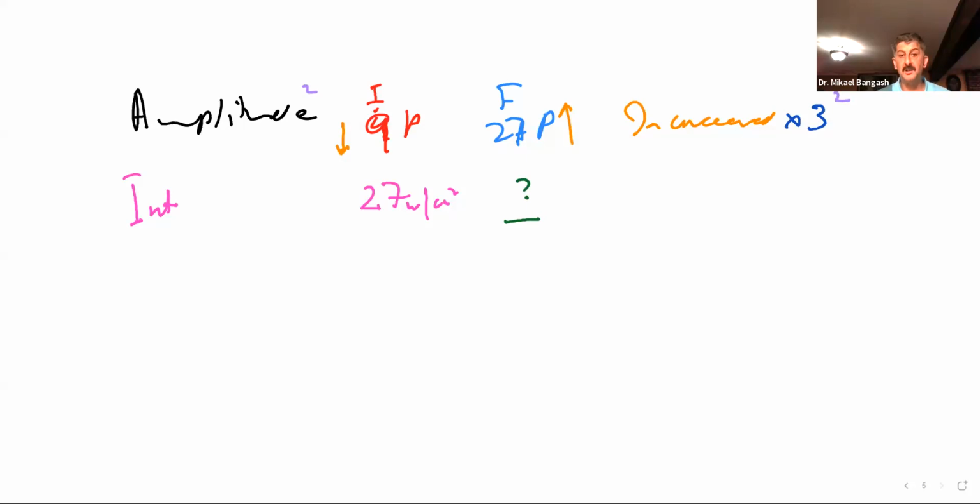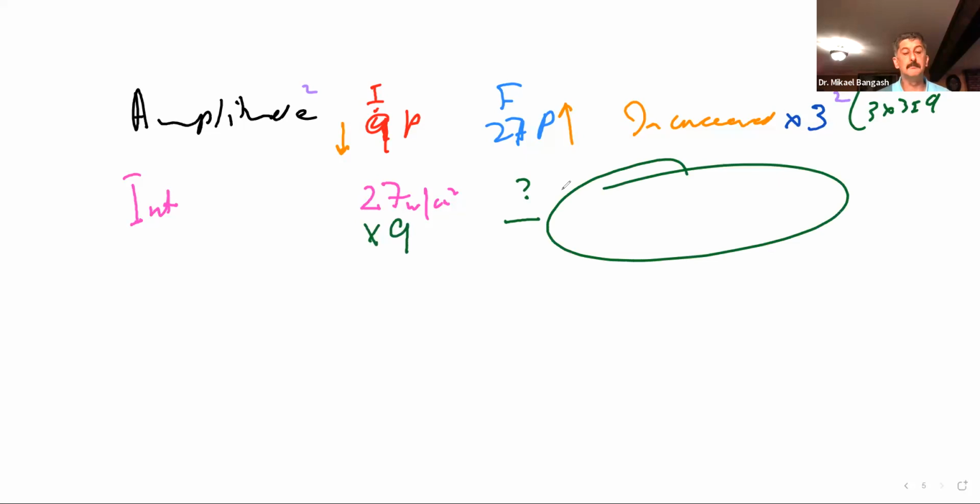So what's the change? This is going to become 3 times 3, which equals 9. That's what we will multiply your initial intensity with to get the final. So the product of 27 multiplied by 9, with the unit watts per centimeter squared, is going to be your final intensity.